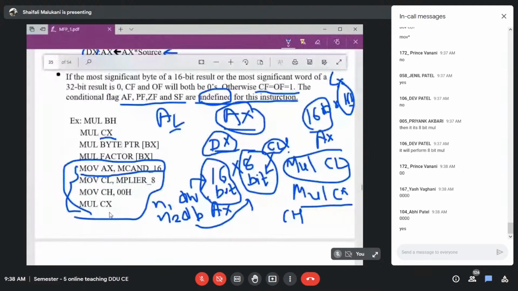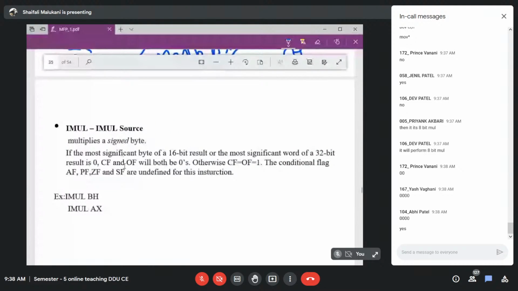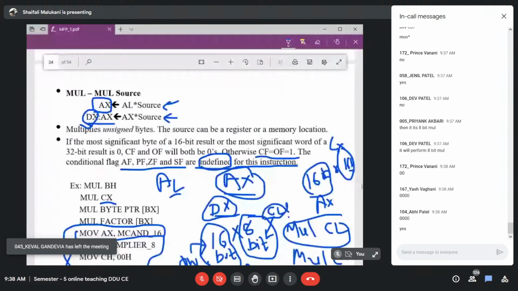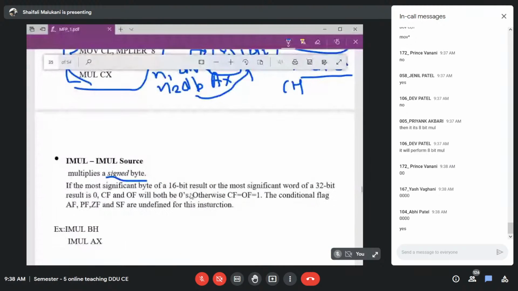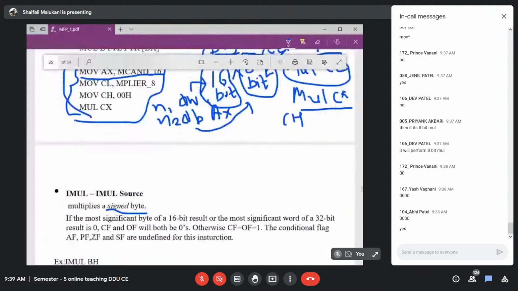Now we will complete the IMUL instruction. It is the same as that multiplication, but here it is considering that my operands are signed numbers. The result will be like signed multiplication: if two negative numbers are taken, the result should be positive, and if two positive numbers, the result should be positive.